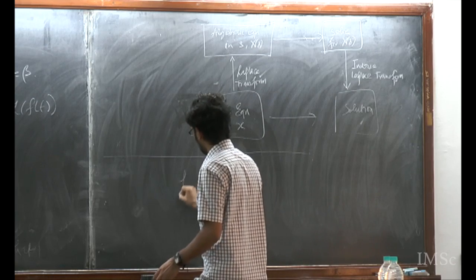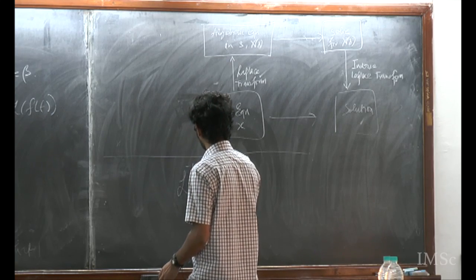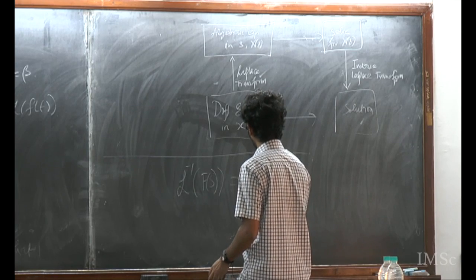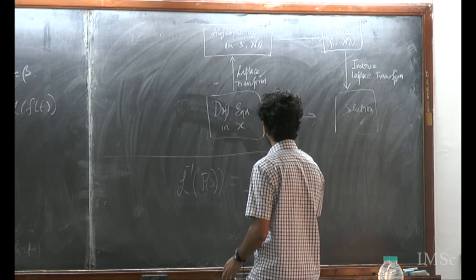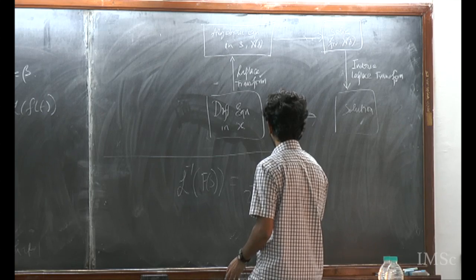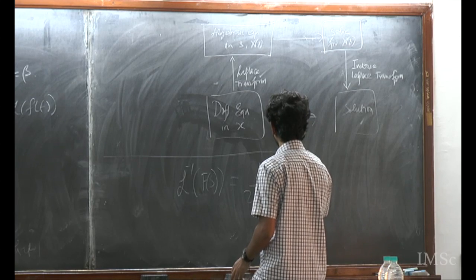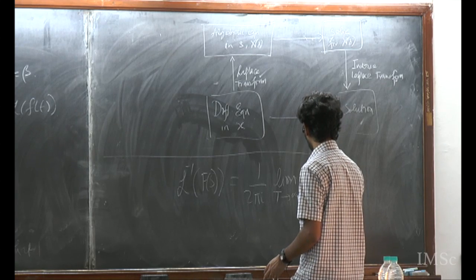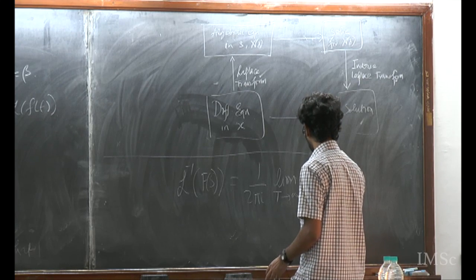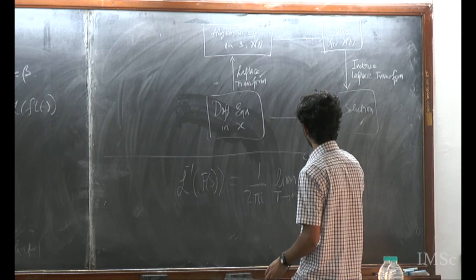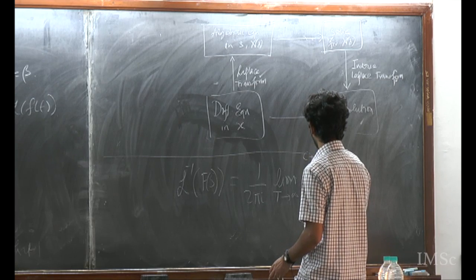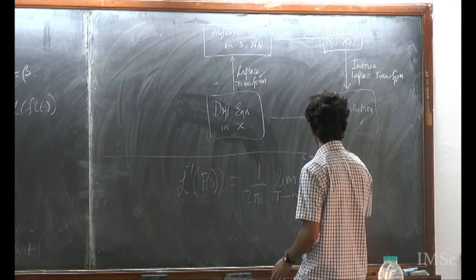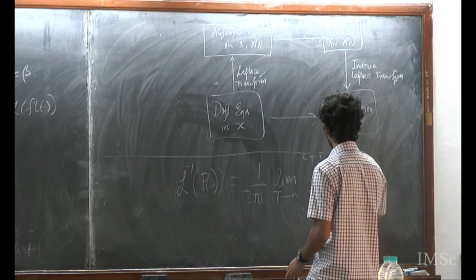So L inverse of F of s is given by 1 over 2 pi i, limit as T tends to infinity, integral from c minus iT to c plus iT of e to the t s F of s ds.